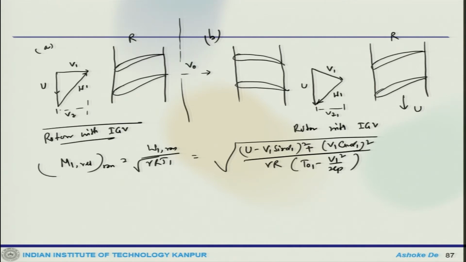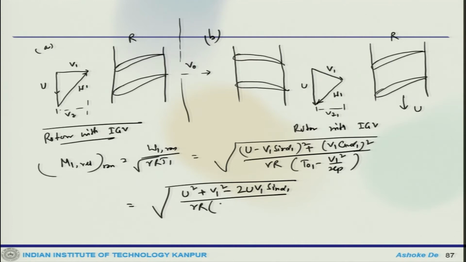Thus, the maximum relative Mach number can be written as U square plus V1 square minus 2 U V1 sin alpha 1, by gamma R T naught 1 minus V1 square by 2 Cp. Okay. So, this is what happens.